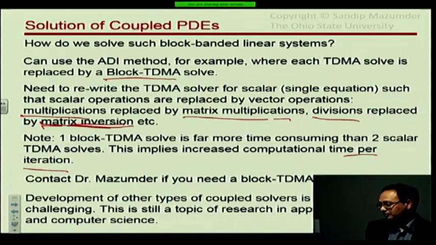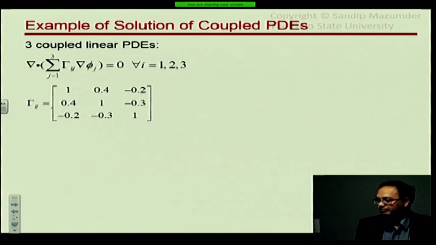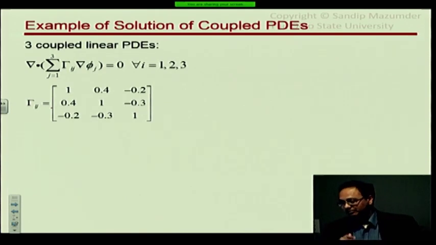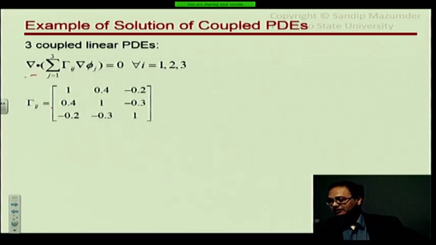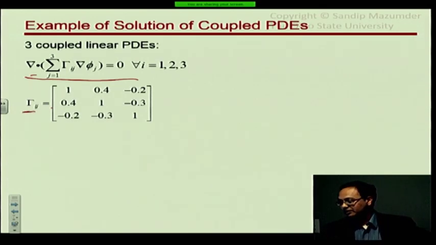All right, so let's go over a simple example. This is a linear problem: 3 coupled linear PDEs of that form. This is basically a Laplace type equation, except it's in vector form. This gamma ij is a tensor, and I've just made up some numbers there.